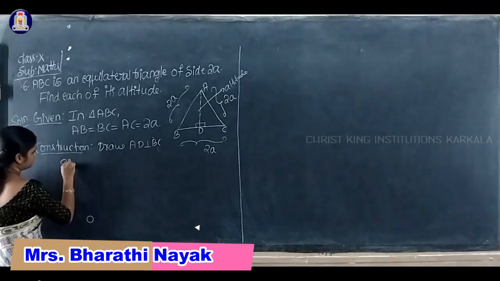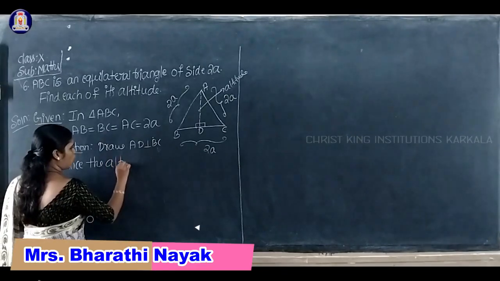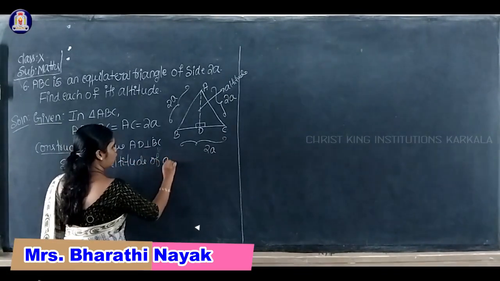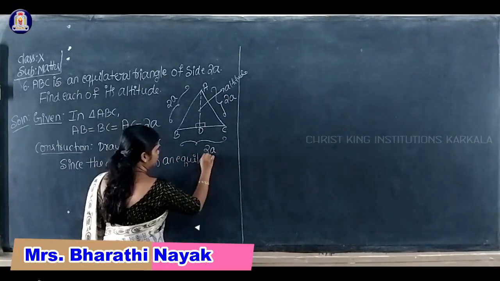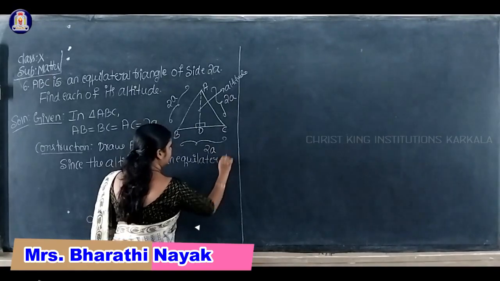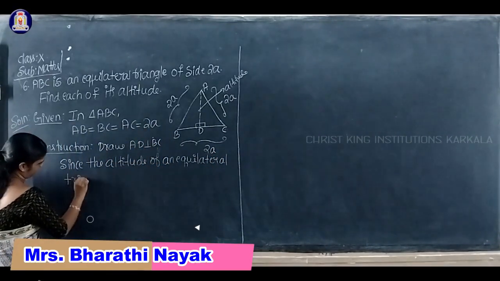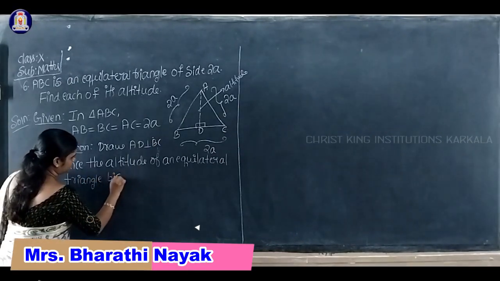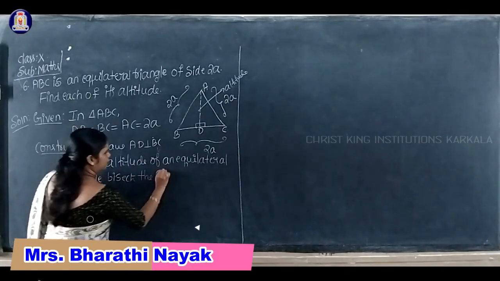So next I'll write the proof. Since the altitude of an equilateral triangle bisects the side BC.